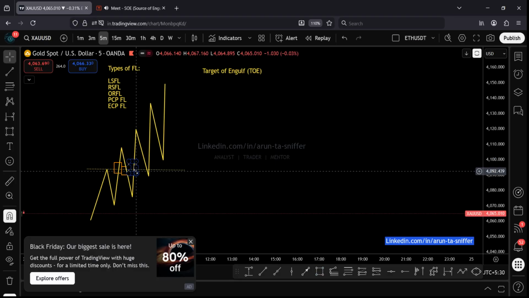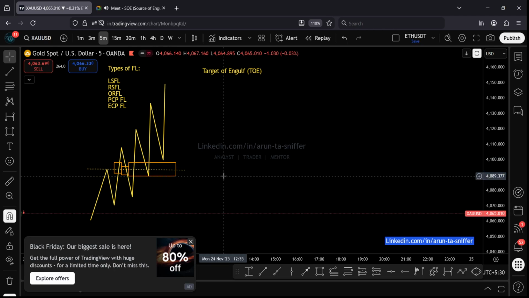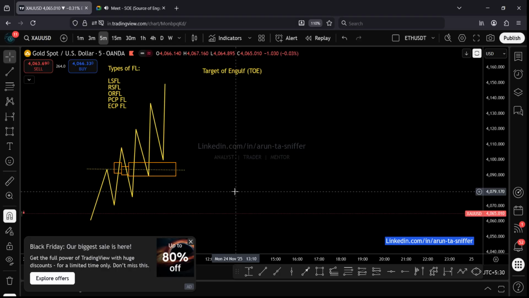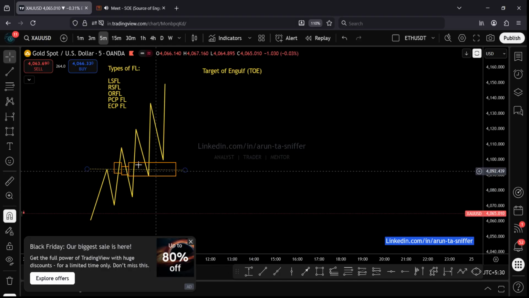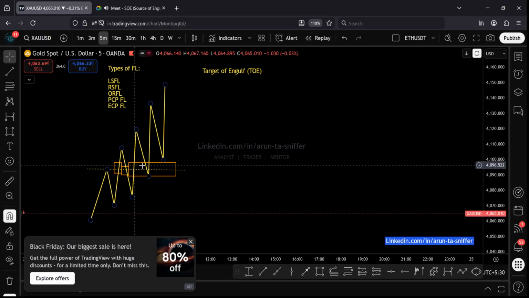So this will be our LS entry here. Or we can take it directly here if we don't have any more details for swapping. We'll take a candle from here. So this will be our LS entry here.